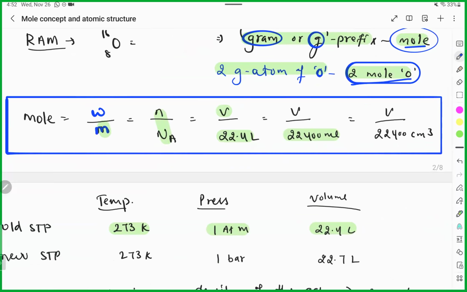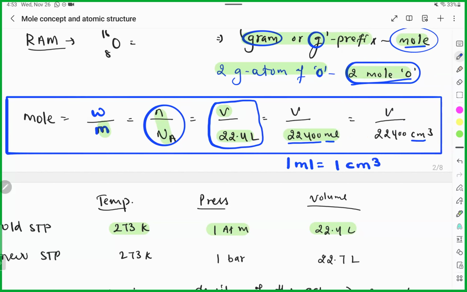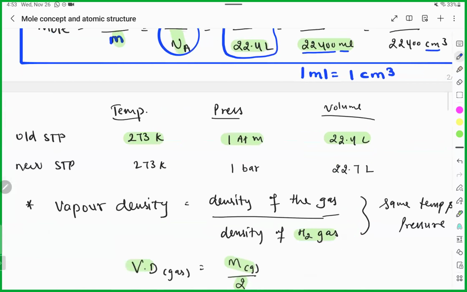Mole is equal to given weight by molar mass, or given number of atoms by Avogadro number, or given volume by 22.4 liter, or in ml 22,400 ml. I will write here 1 ml is equal to 1 centimeter cube. This is important.